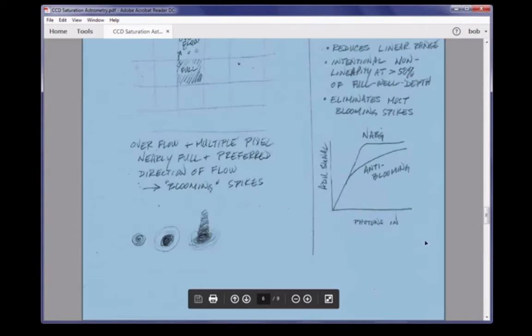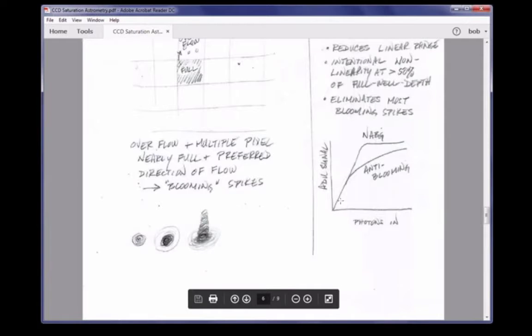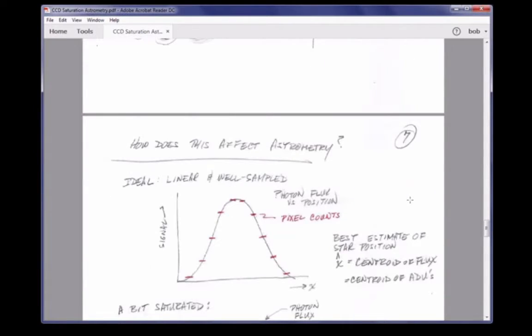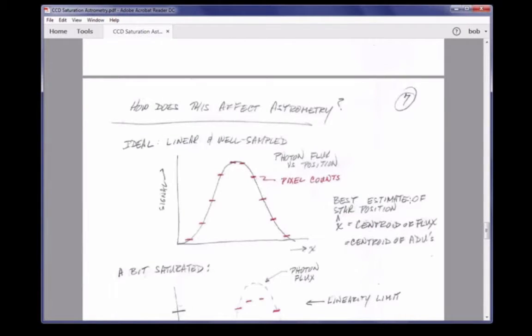Exactly right. You're basically trying to plot out this curve, and the students did that for their double star project. I think they may have misinterpreted it a little, but they did the work.